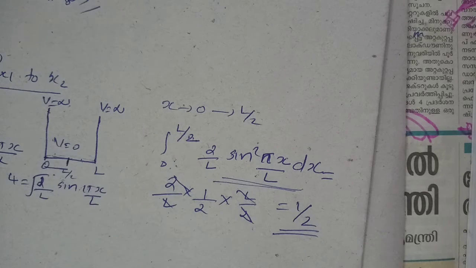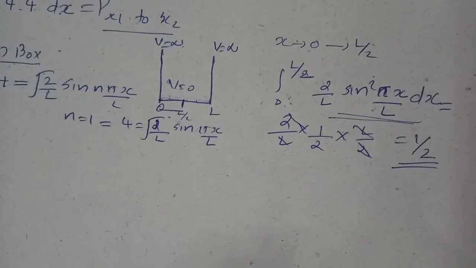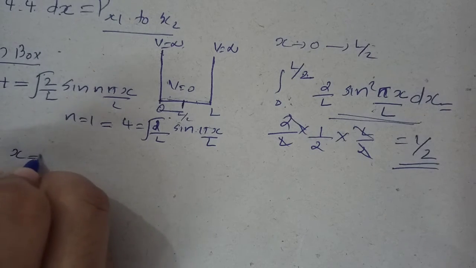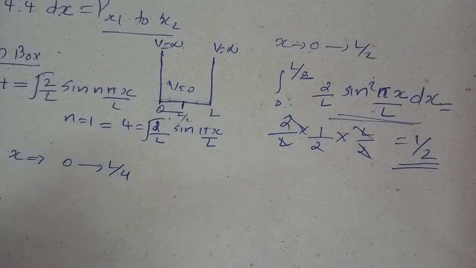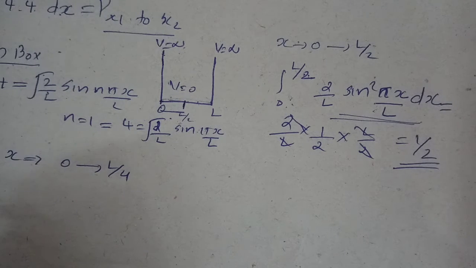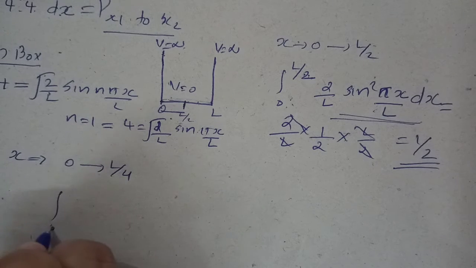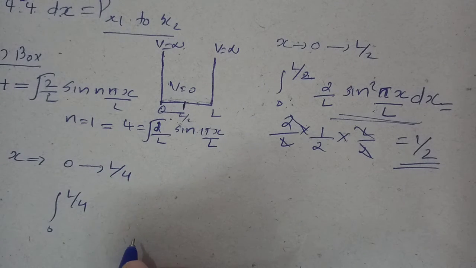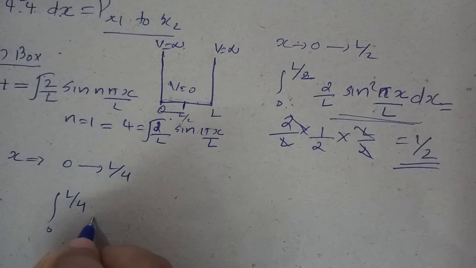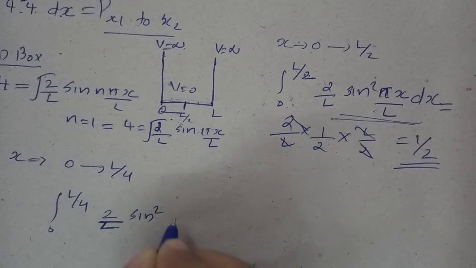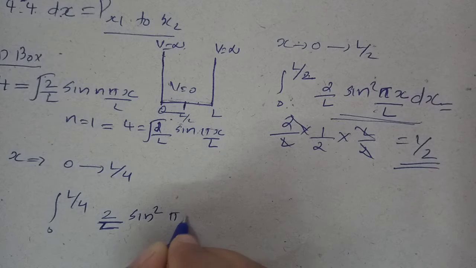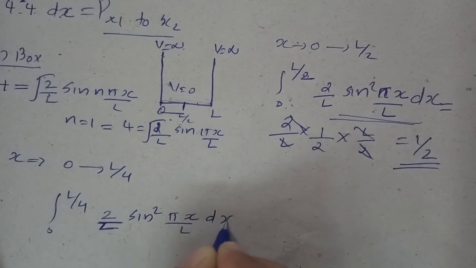Okay, and next we have to find the probability from x equal to 0 to L by 4. So how to find the probability of the ground state from 0 to L by 4. From 0 to L by 4, psi star psi is 2 by L sine square pi x divided by L dx.